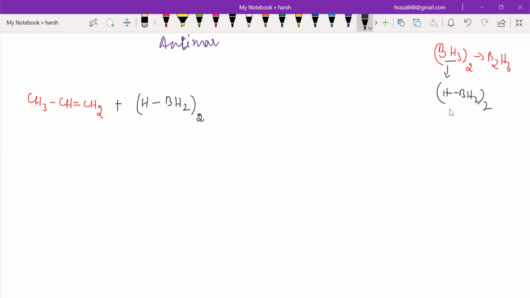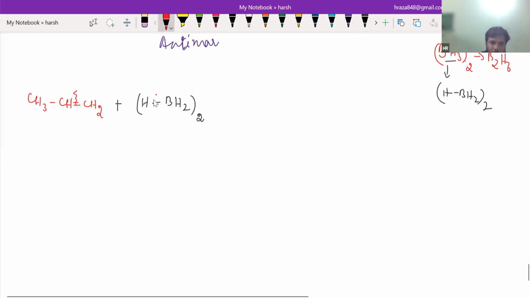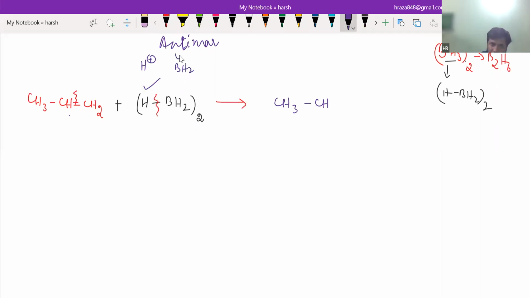Now see, this bond will break and this bond will also break. What happens here is very important to know. When this bond breaks, it will be H plus and this will be BH2 negative. So it will be CH3 CH2 CH2 BH.